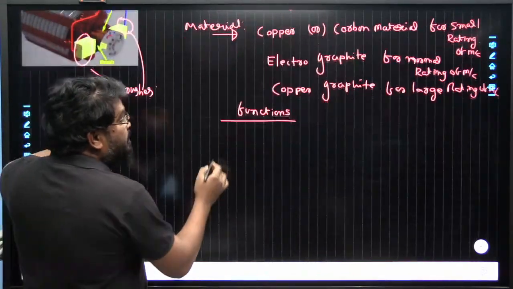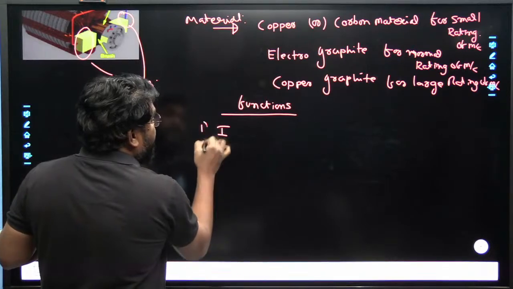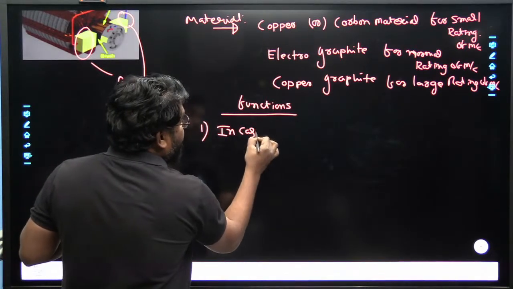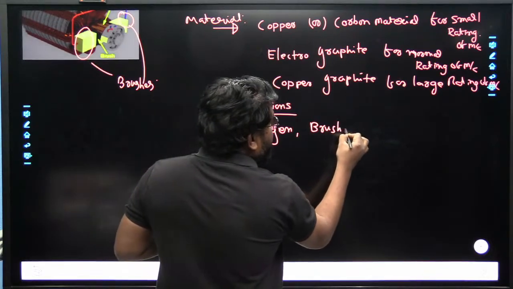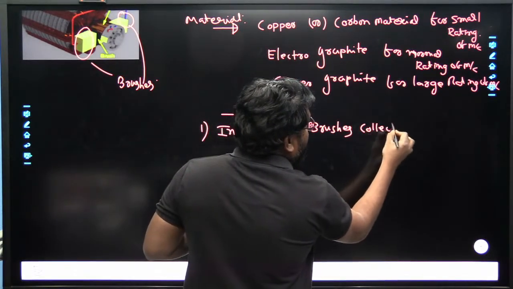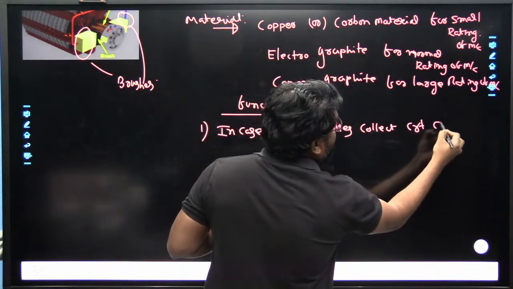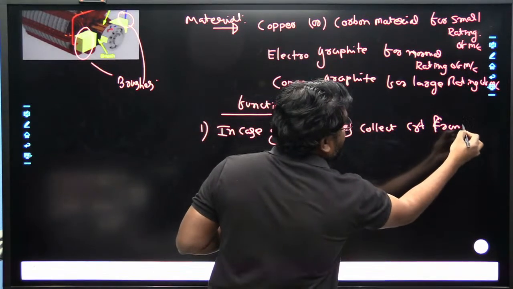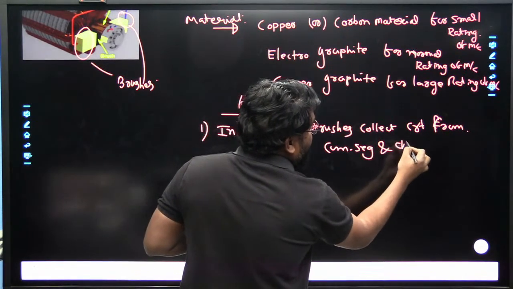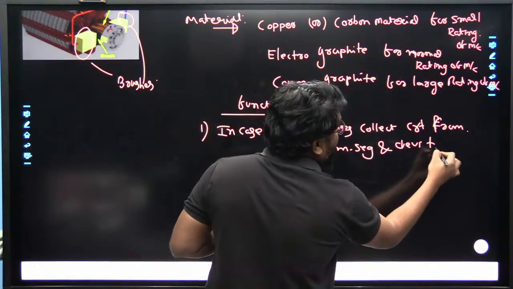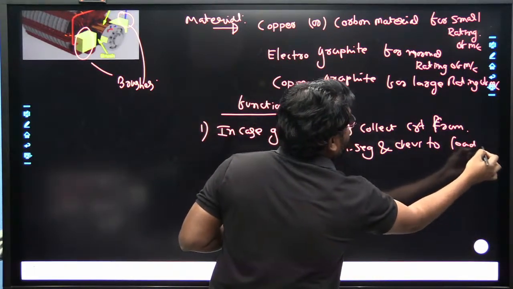The first function is from the generator point of view: the brushes collect the current from the commutator segments and deliver it to the load.